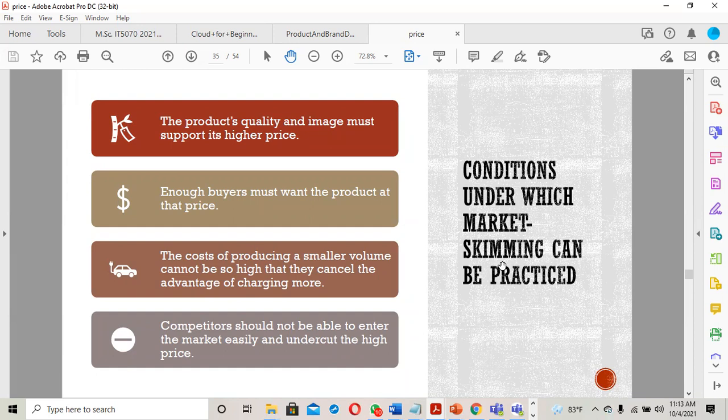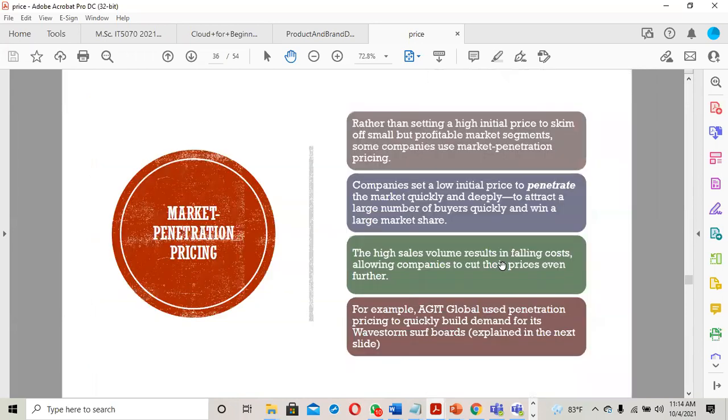People who are not willing to pay that much money are different layers of customers. As time goes by, it's going to target those different layers by changing the price, by which I mean lowering the price. So that is one strategy when you're introducing a new product.